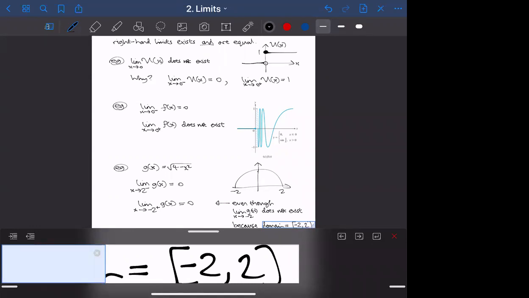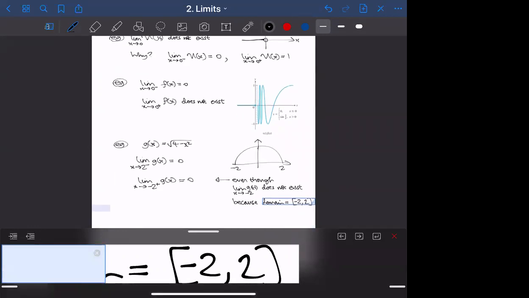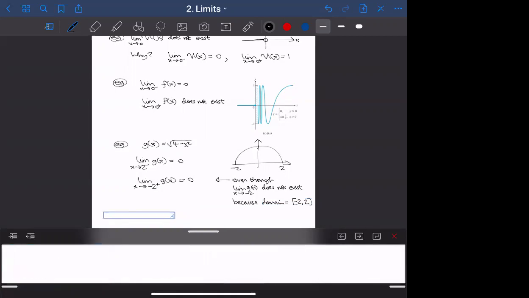So the definition of limit does not apply. We need, for the limit, to have an open interval where the function is defined containing the point we're interested in, minus 2 in this case. So, theorems for one-sided limits.